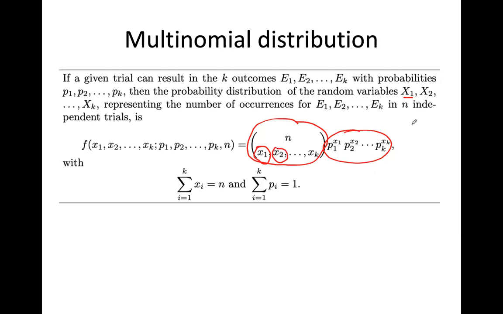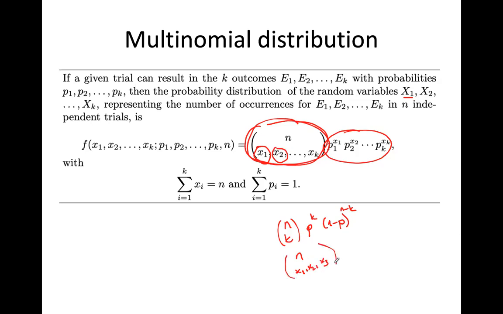Yes, hocam. In the previous case, we had this, right? And k. Yeah. And the formula was p^k, 1 minus p to the power n minus k. This was binomial. What's the difference here? Now I will have N and X1 and X2 and X3.